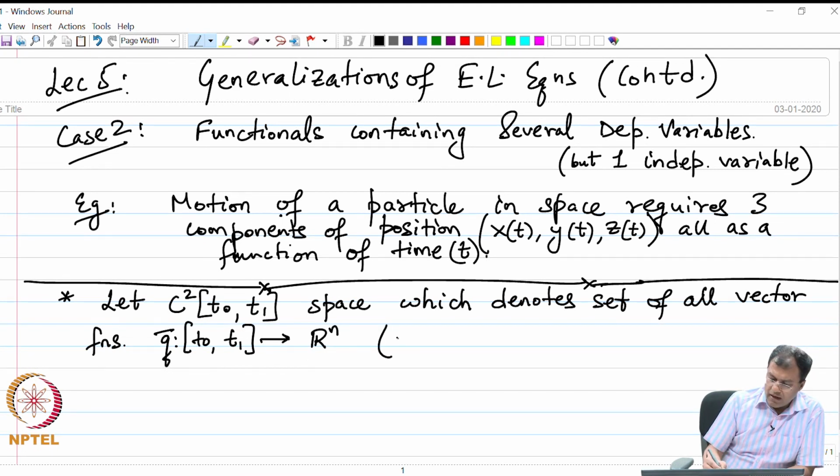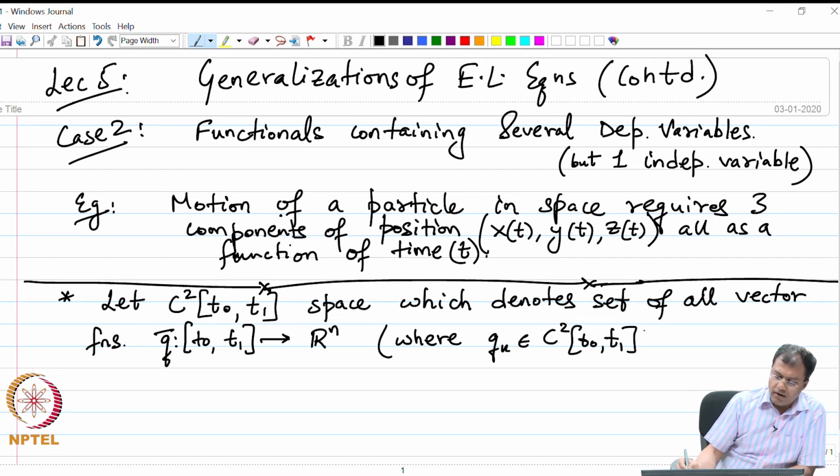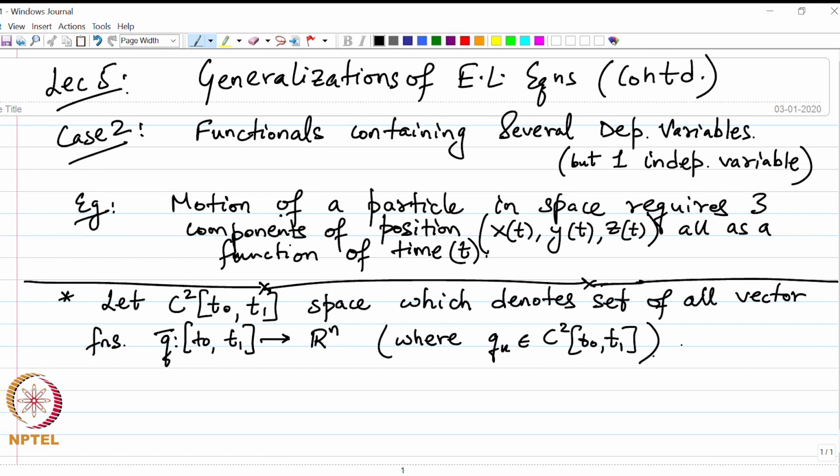So, where each of these components of q bar are C2 differentiable. So, where q k's are in C2 of T0, T1, right. Okay. The moment we describe the space from where we are getting the vector functions, we also have to describe the norm, because that is how we are going to measure the difference when we calculate the variation of the functional. Okay.